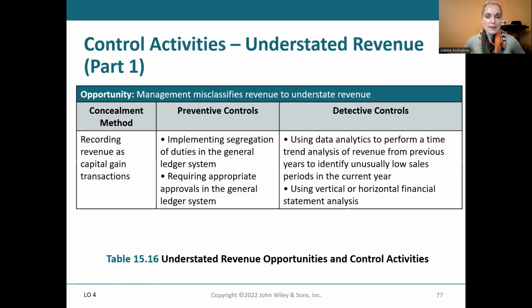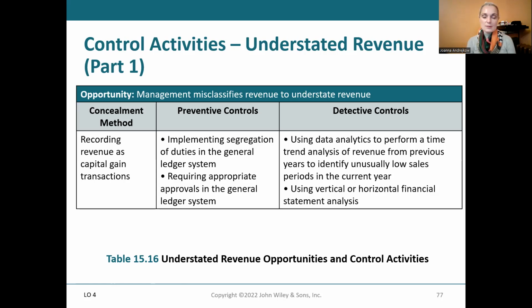So, control activities to prevent this. When revenue is recorded as a capital gain transaction instead of an income producing transaction, some preventative controls to stop this could be implementing segregation of duties in the ledger system and requiring appropriate approvals for recording transactions.